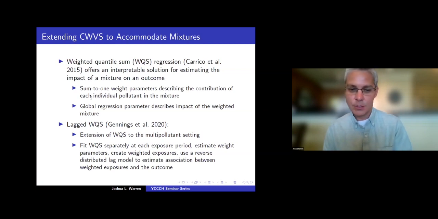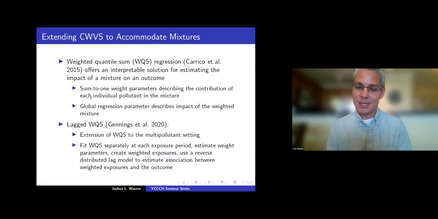More recently in 2020, this was extended to the lagged weighted quantile sum regression. It extended WQS to the multiple pollutant setting in a, I think of it as a relatively ad hoc solution, but basically WQS is fit at each exposure week separately.